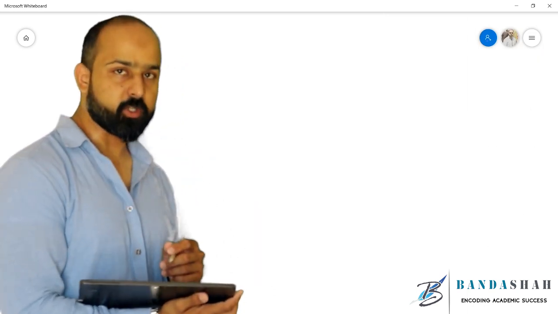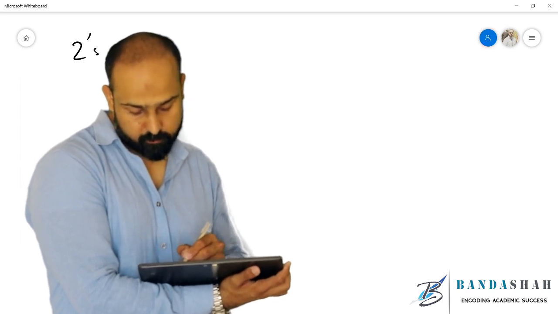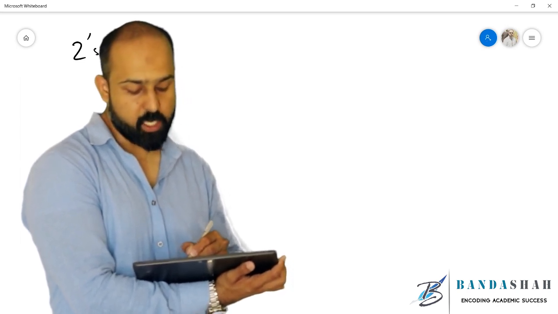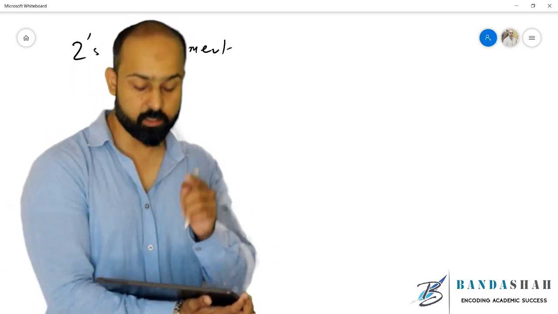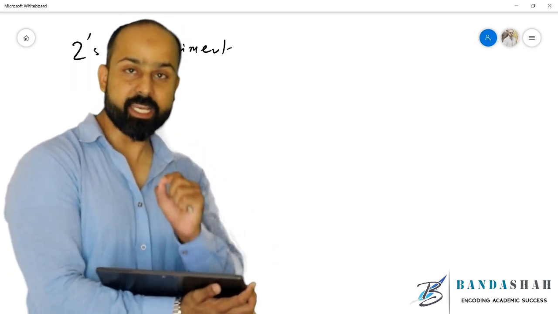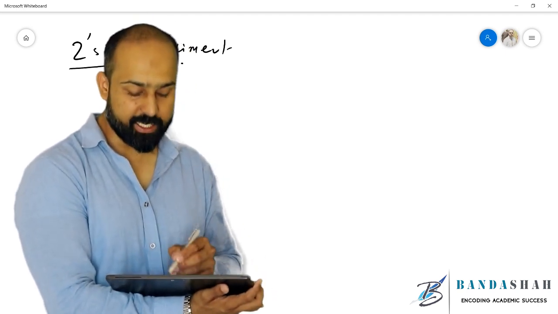Okay, let's start 2's complement. 2's complement basically means how you can represent a signed number inside a computer.